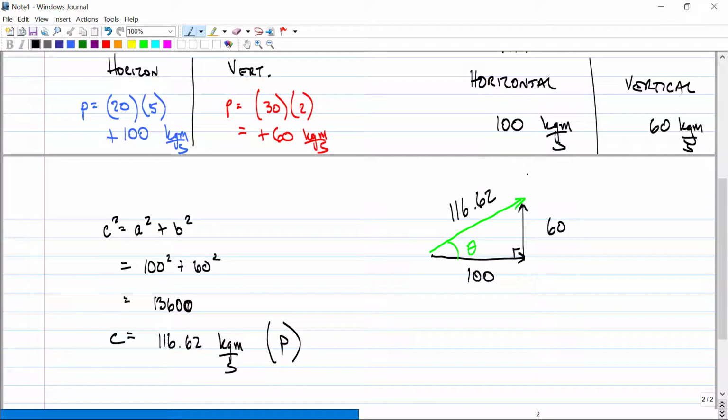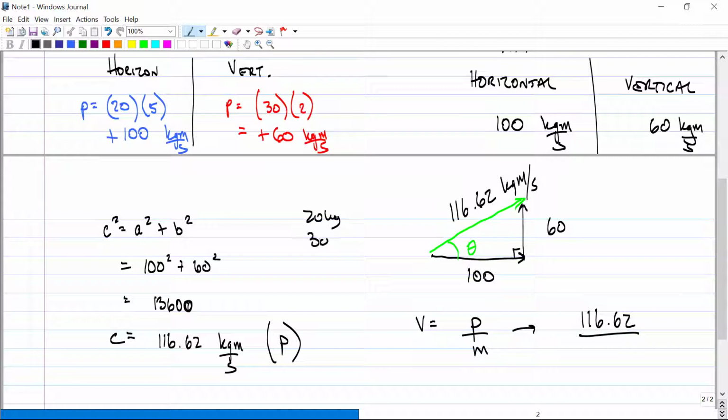Now, once you know the momentum, you can then figure out the velocity. And the velocity is going to be that momentum divided by the mass of the combined objects. If this is 116.62 and I divide it by the total mass of both of the objects, one was 20 kilograms, the other one was 30 kilograms, that's a total of 50 kilograms for the two objects together.